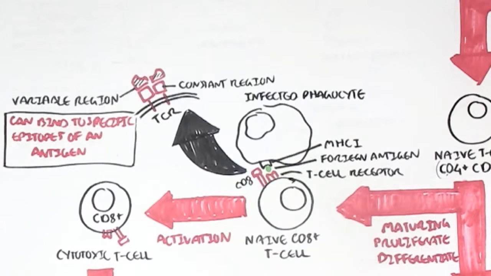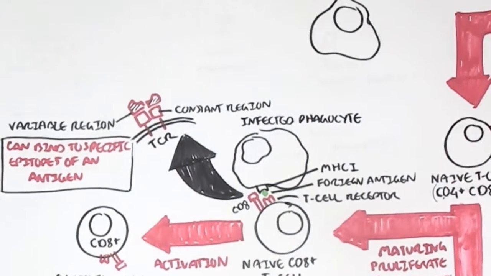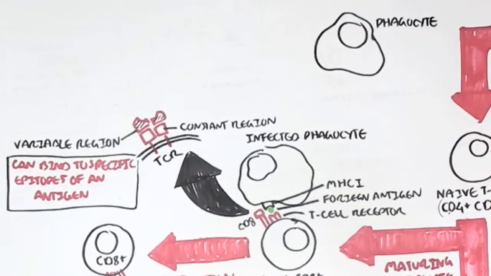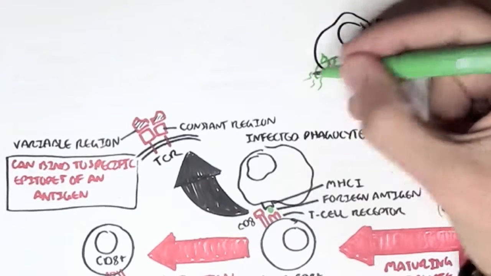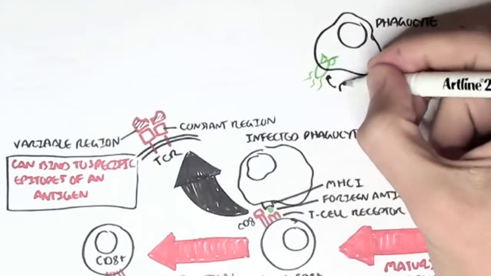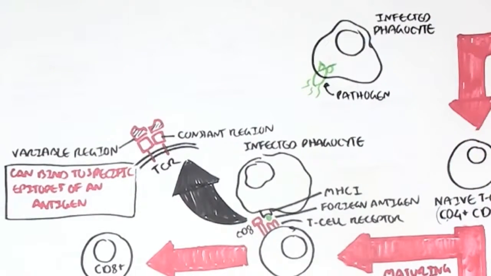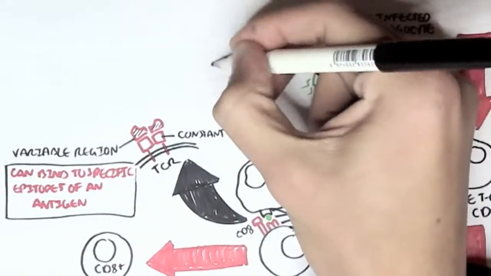Okay, so this naive CD8 T cell becomes activated when an infected cell presents a foreign antigen on the MHC class 1. How does this come about? Well, if we have an antigen presenting cell, such as this phagocyte, and it is infected by a pathogen, so here we have a pathogen infecting this phagocyte, the pathogen will start accumulating inside the cell and basically taking over the cell.